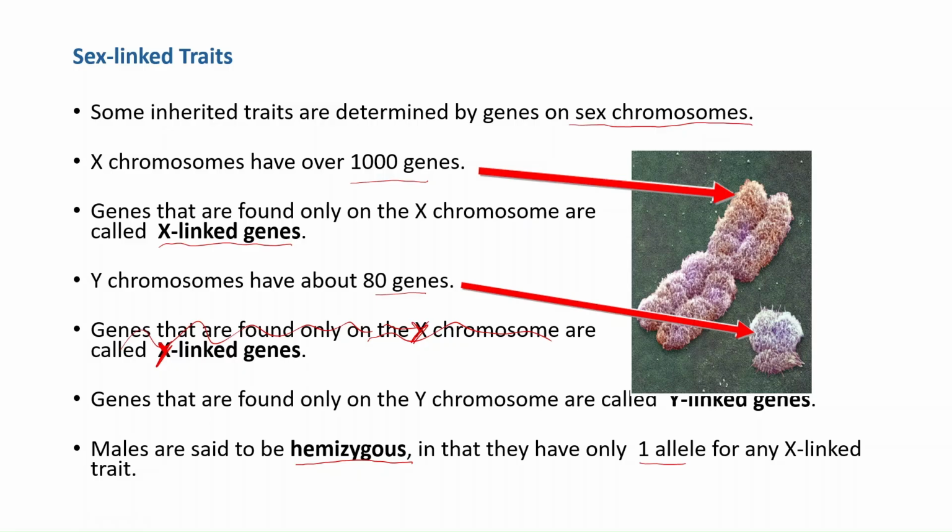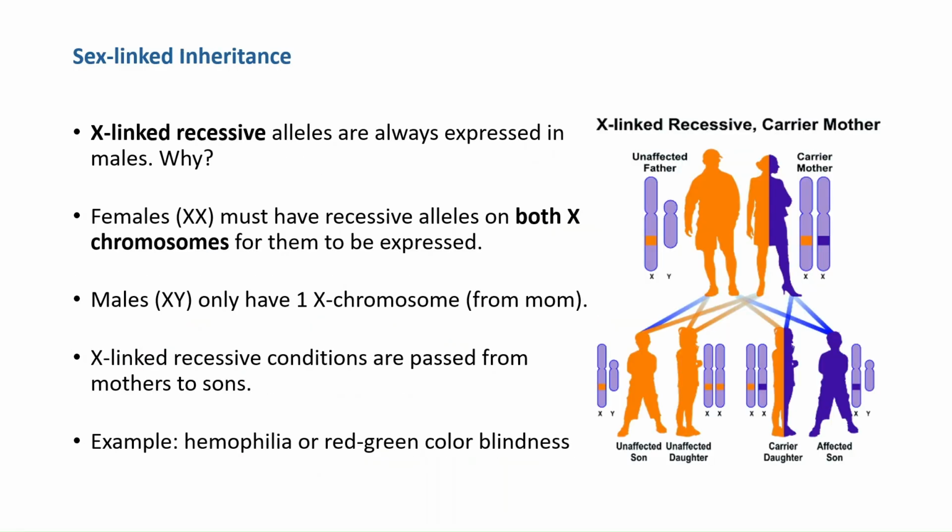And that's going to be very important because they can pass the allele to their daughters, but they don't pass it to the sons because they pass the Y chromosome to the sons. So X-linked recessive alleles are always expressed in males. Why? I just said it. The male cannot pass the X chromosome to the sons, so the female is going to get two X chromosomes, one from the father, one from the mother.